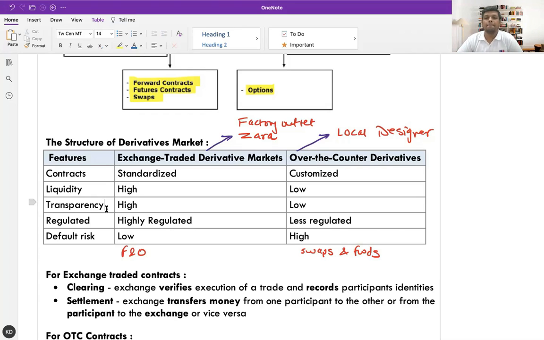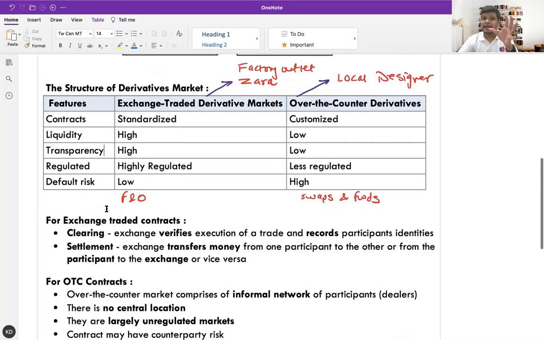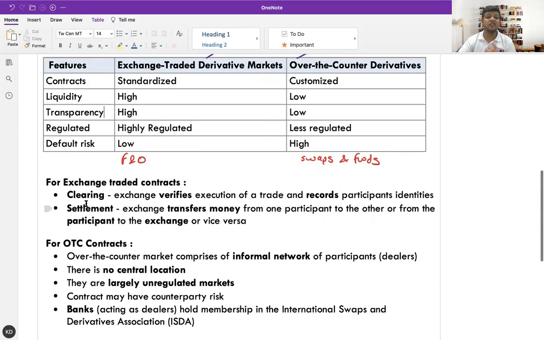Clear? Yes. Right. The important thing about those contracts which are on exchange is that the middleman there is the exchange itself. And because of the exchange, two things get simplified. First is the clearing. Clearing means the verification part. Who verifies the trade records? Well, the exchange does that. So when I put a buy order and someone puts a sell order, between me and that seller, the exchange is the one who verifies that order through the process we call clearing and settlement.